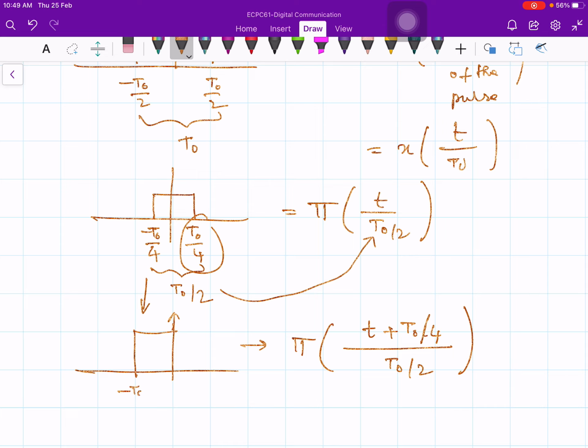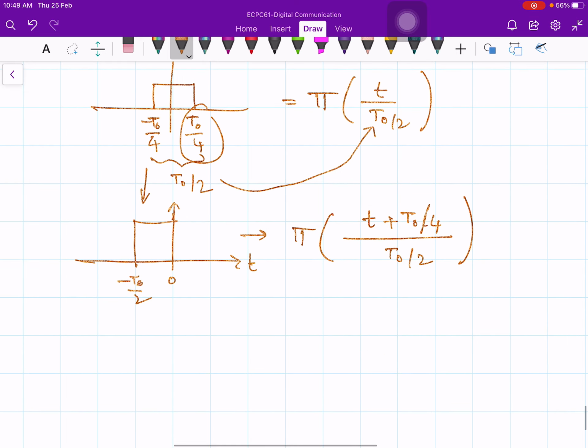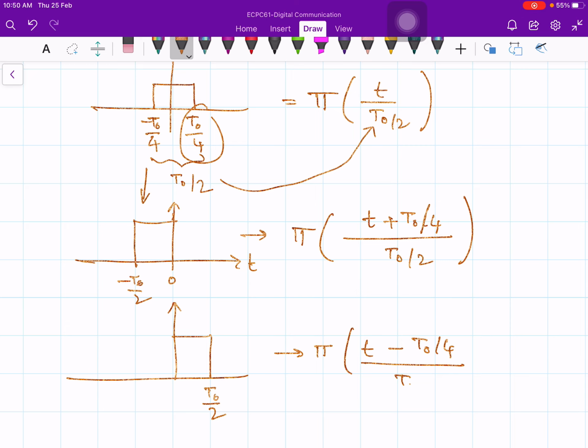This is minus T naught by 2, this is 0 and this is my time axis. Similarly, if you shift the pulse to the right by T naught by 4 seconds, it is Pi of t minus T naught by 4 whole divided by the width of the pulse, T naught by 2.